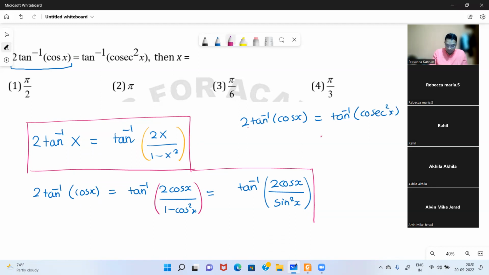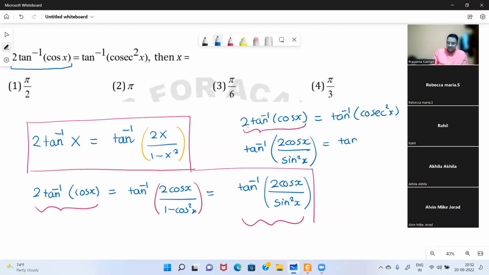But we already found 2 tan inverse of cos x. How can you write it? You can write it as tan inverse of 2 cos x divided by sine square x. And this will be equal to, as given in the question, tan inverse of cosecant square x.